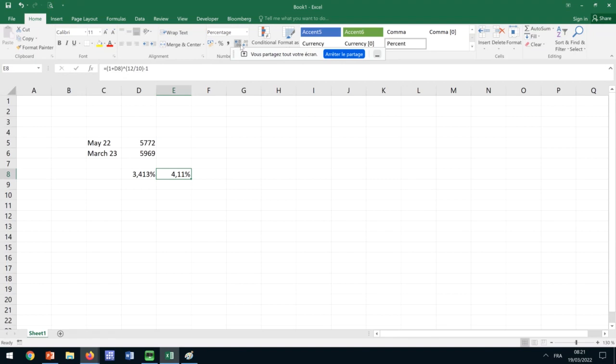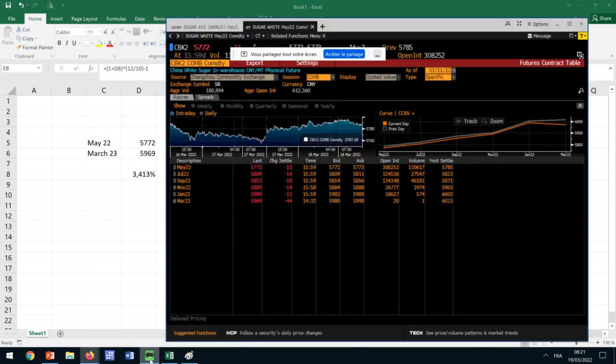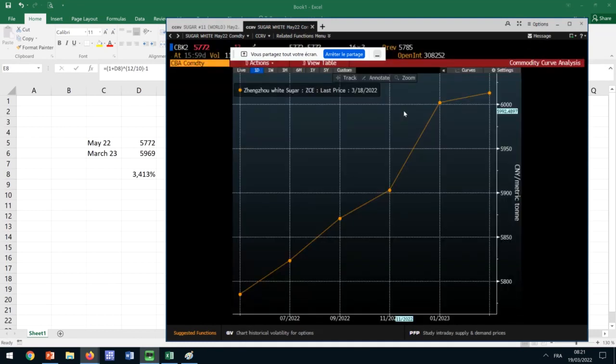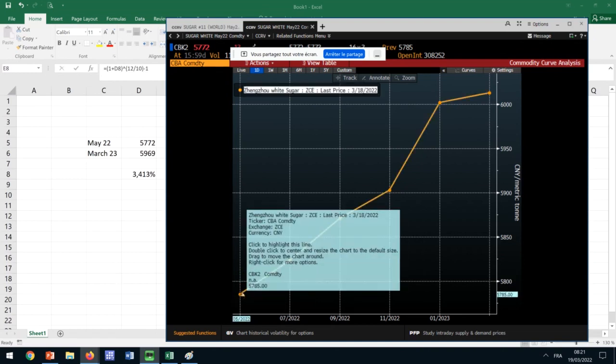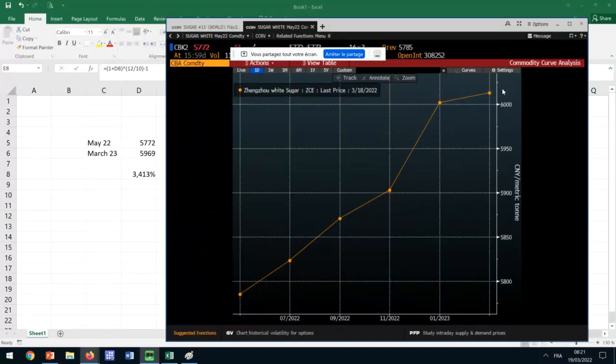So it's pretty clear that for sugar here in China, the curve is not steep enough. It looks steep because they cut the scale. But the curve is not steep enough to make a cash and carry strategy profitable.